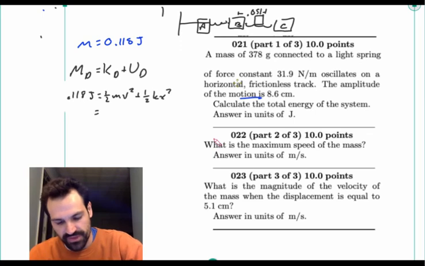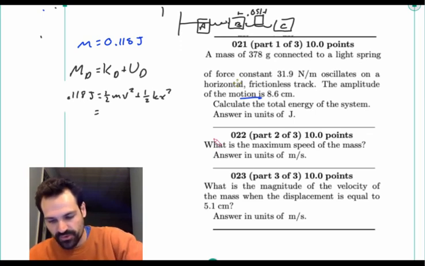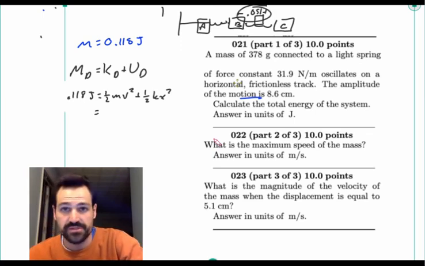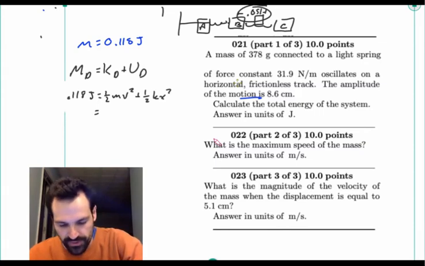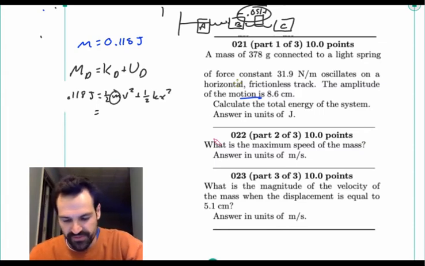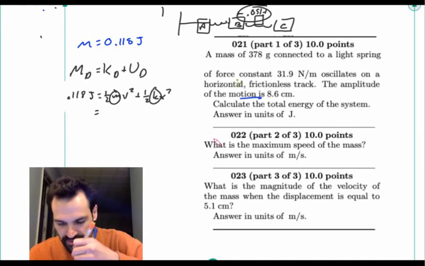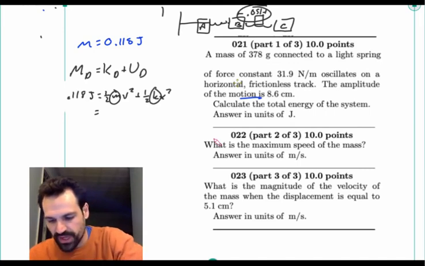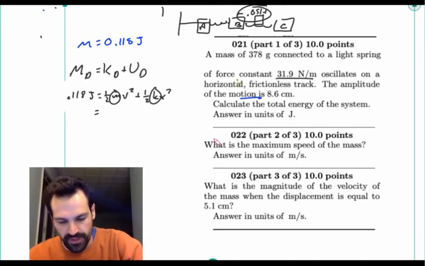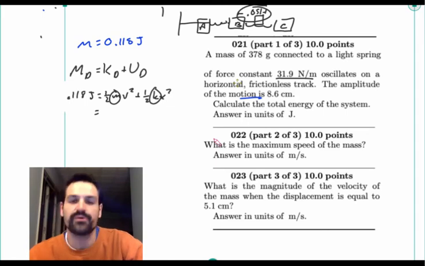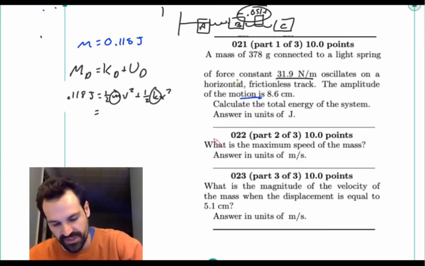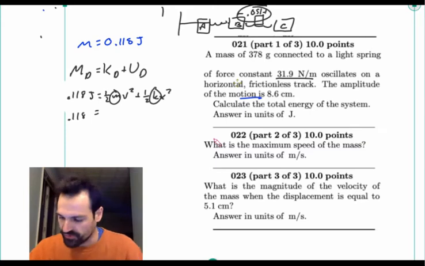And then you plug in your values. You use your x equals 0.051 meters. We know the mass is 0.378. We know the k value is 31.9 newtons per meter. And with some algebra, and I will walk through this one because the algebra does get a little bit more involved.